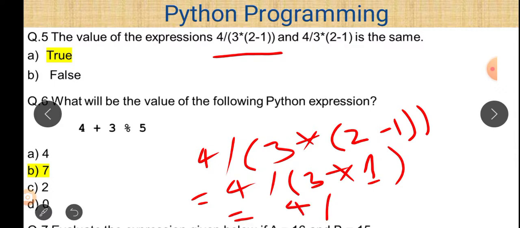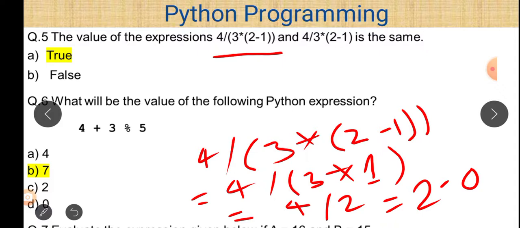Then we get 4 / 2, and when we divide 4 by 2, our answer is 2.0. Always remember that when we divide two integers using the division operator, the answer is always in the form of a float value. So the answer is 2.0.